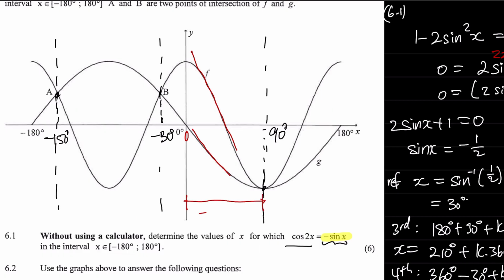So both are negative here. So the product of two negatives will give me positive. So one value will be between 0 and 90. And then if I look at between 90 and 180, let's use blue here, I can see that these are positive slopes. Like this. So here both are positive.